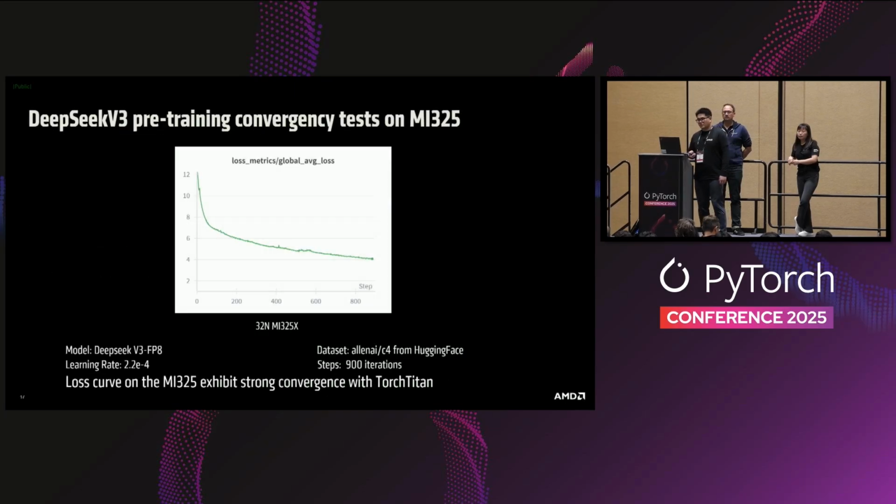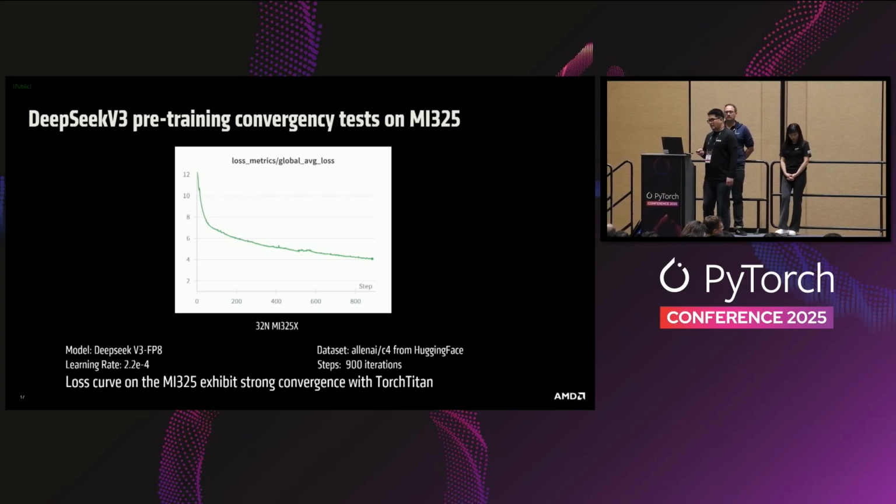Beyond that, we also check the numeric accuracy with our model training. For this one, we use DeepSeek V3, and we enable FP8 training. For the dataset, we use C4, which is the public dataset from Hugging Face. For the learning rate, we picked the default value in TorchTitan.